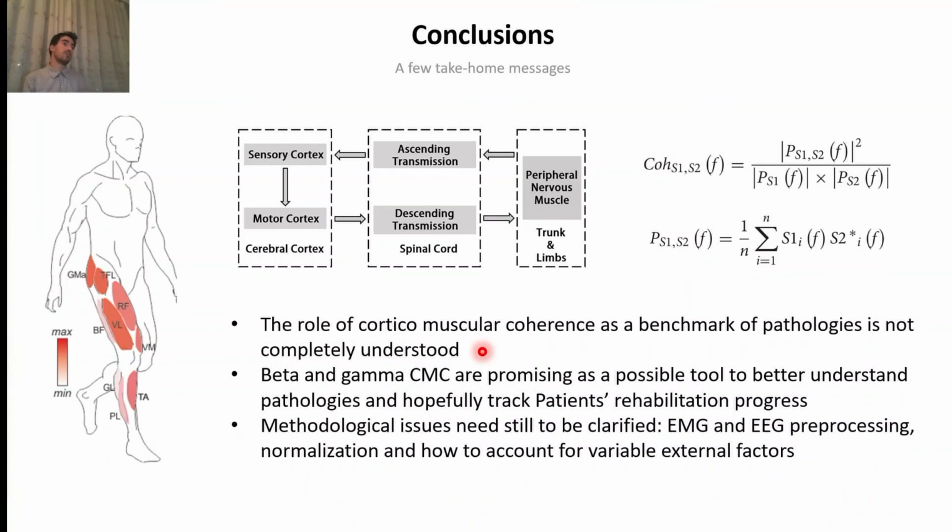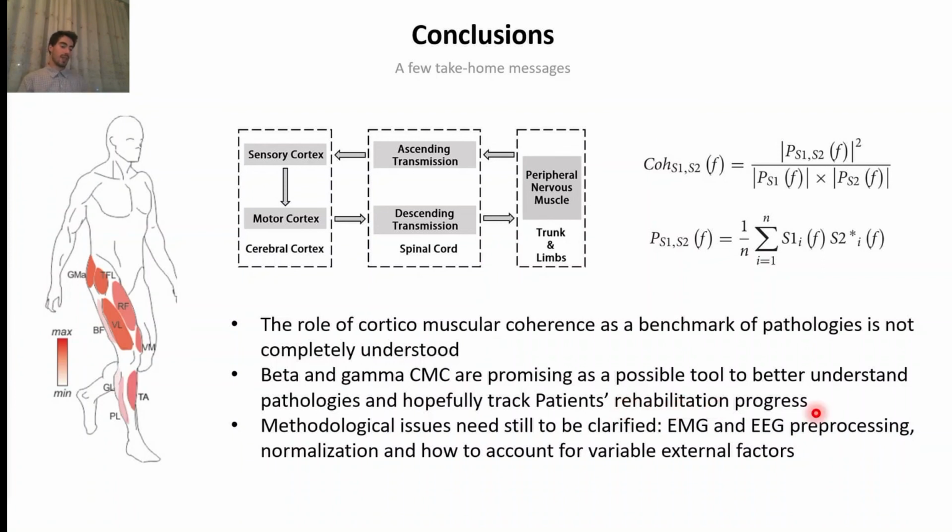Maybe aging will change also the cortico-muscular coherence, and of course the type of experiments you do. So it stands to reason that CMC is a good feature that you can use to actually track pathologies and hopefully even the rehabilitation progress of a patient.